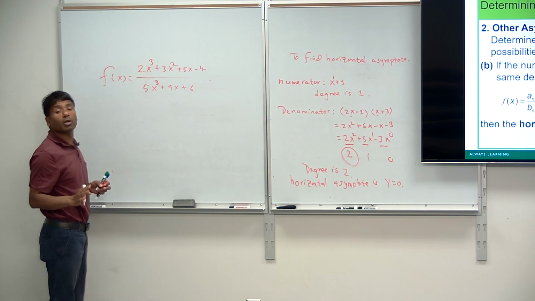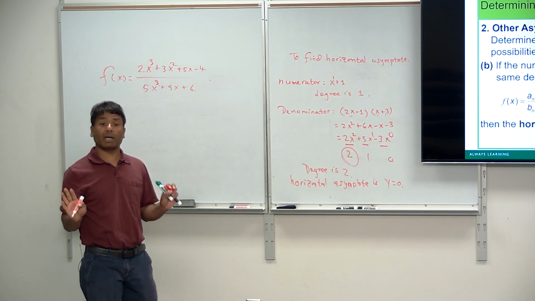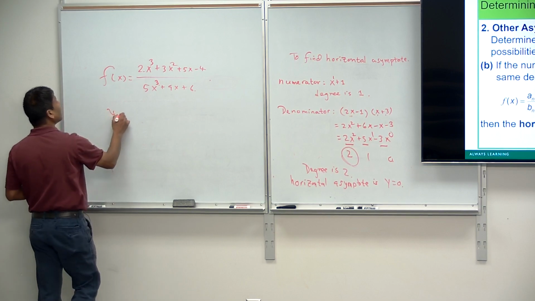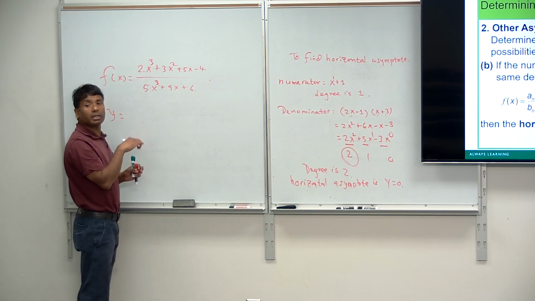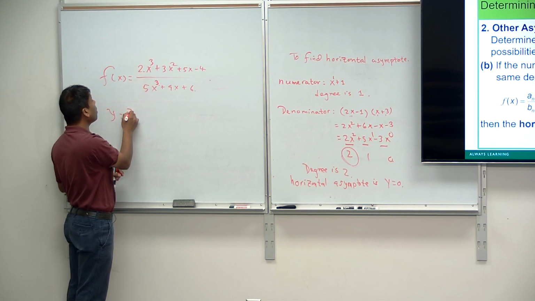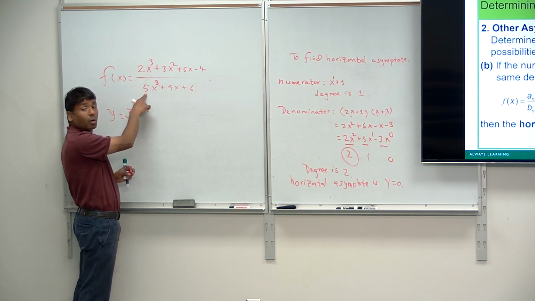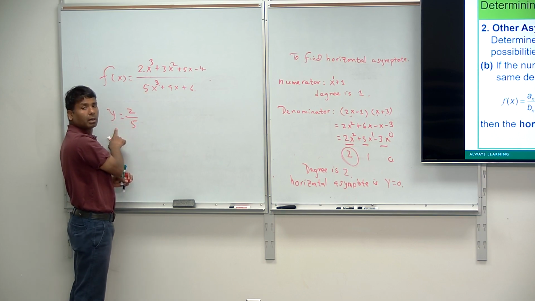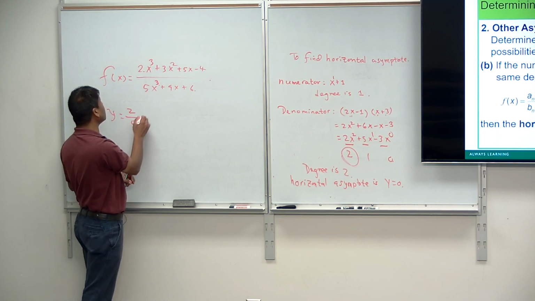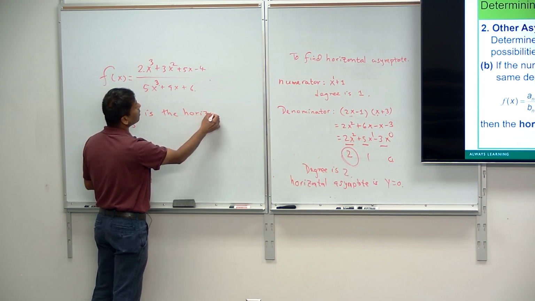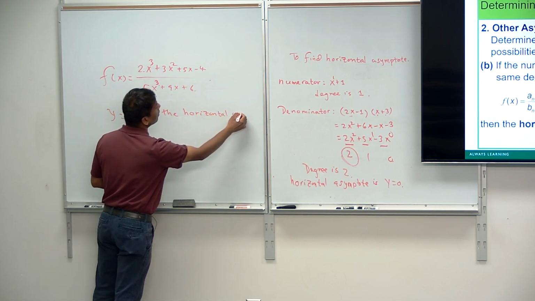So the numerator and denominator are of the same degree, is that right? In that case, y equals the leading coefficient of the numerator, 2, over the leading coefficient of the denominator, 5. This is the horizontal asymptote.